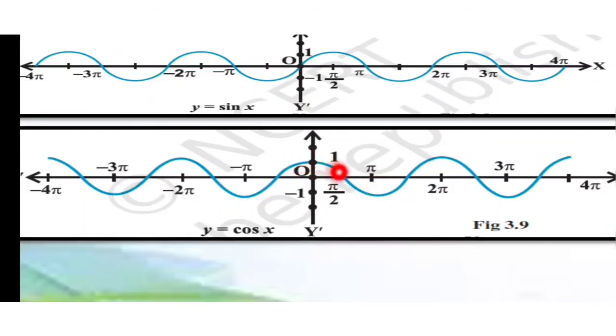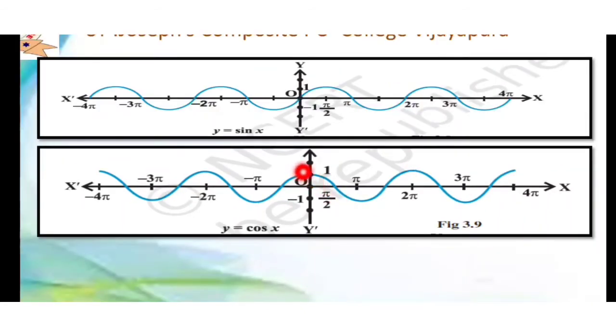So in this manner, look at this graph. And cos 270 is 0, cos 2 pi is again 1. When we join these points, we get a graph like this.